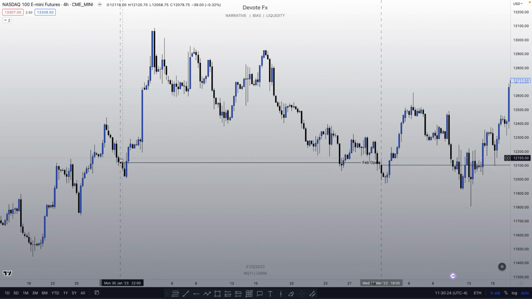Displacement higher. No small stop hunt, but no stop hunt to start the month. In terms of sell side liquidity, displacement higher. No displacement away from this imbalance.